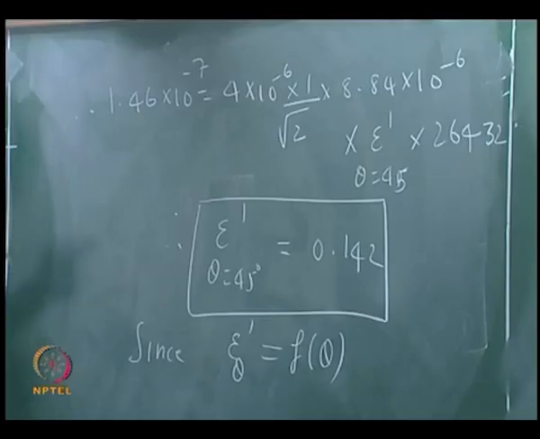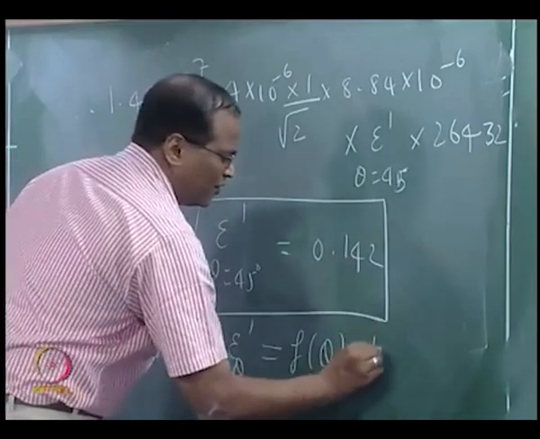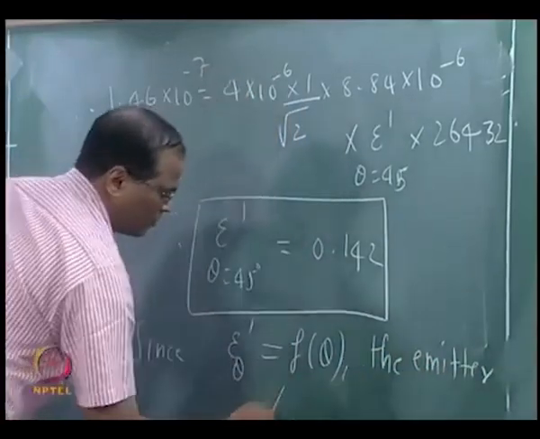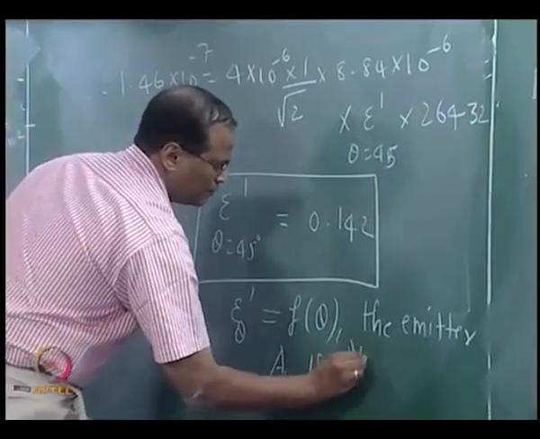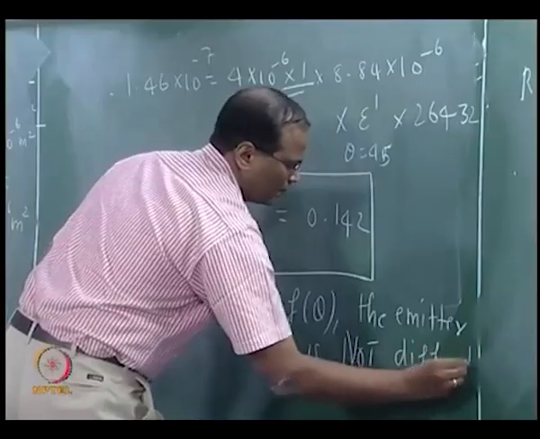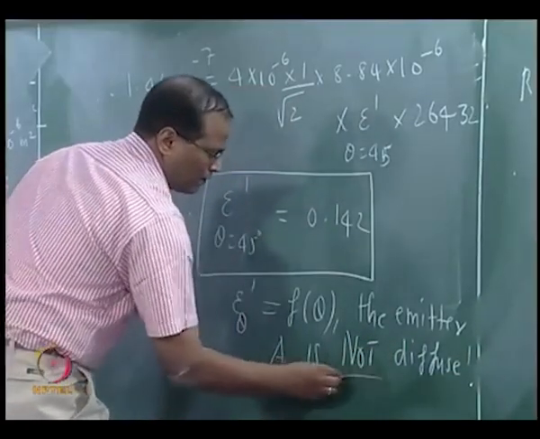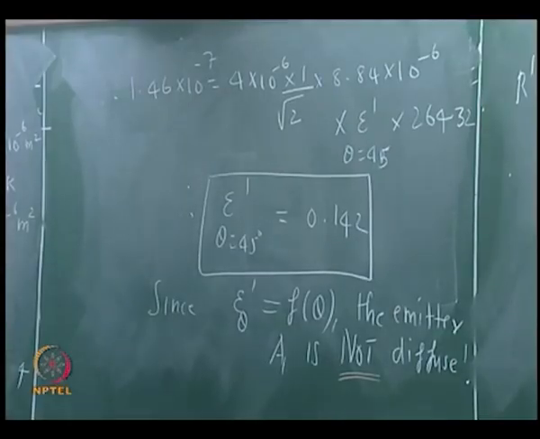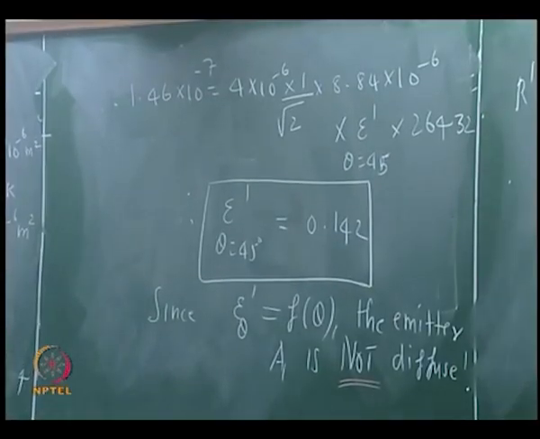I do not know the functional form f, but I know that it is a function of theta. The emitter A1 is not diffuse.